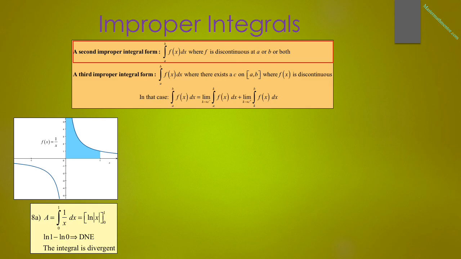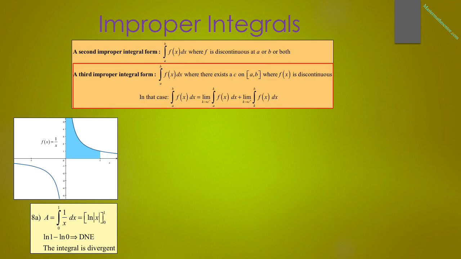But our method is still the same. We integrate and get the natural log of the absolute value of x between 0 and 1. That becomes natural log of 1 minus the natural log of 0. The natural log of 1 is 0, but the natural log of 0 does not exist. So therefore, the integral is divergent. This area gets infinitely large.